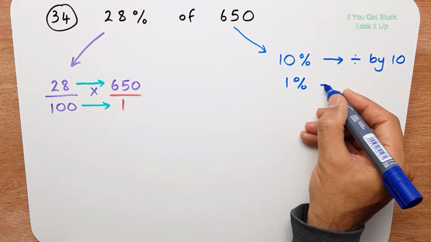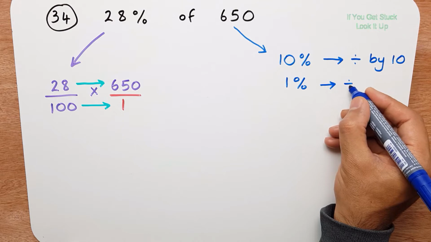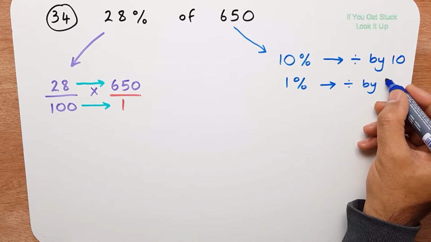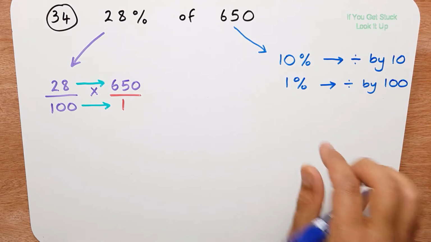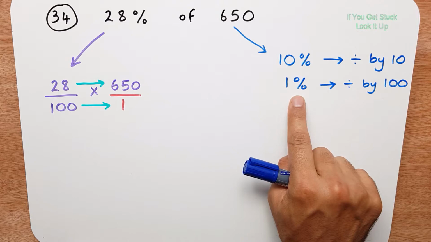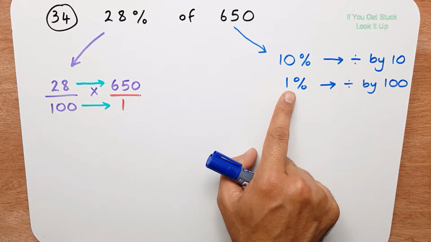And this is where you have to be careful. To work out 1%, we divide by 100. Be careful, you don't divide by 1, you divide by 100, because 1% is smaller than 10%. So let's try this route.